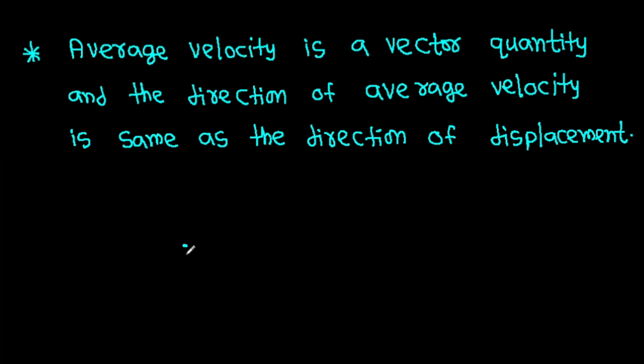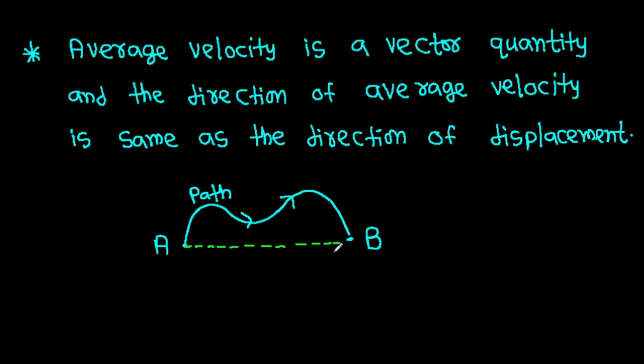For example, this is point A, this is point B, and if a person is moving on this path, then if we join A to B, this will be the displacement vector.